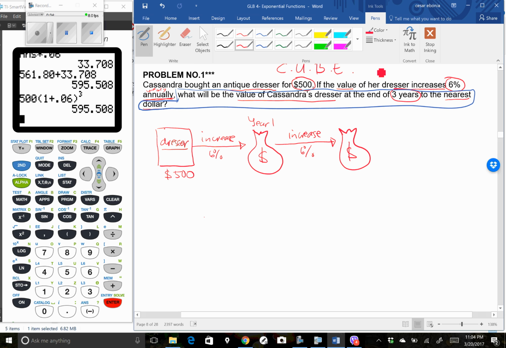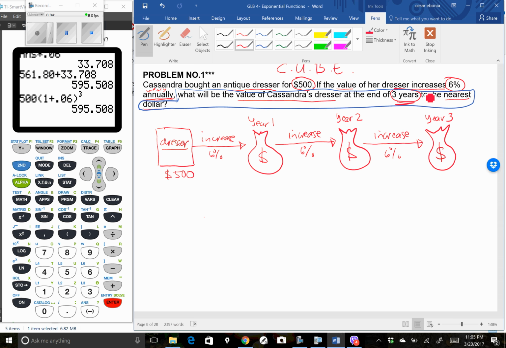After a year, this is year 2, and then it increases again by 6%. You have a new amount of money again here. So this is your year 3, in which you are just looking at 3 years. So this would be the illustration here.